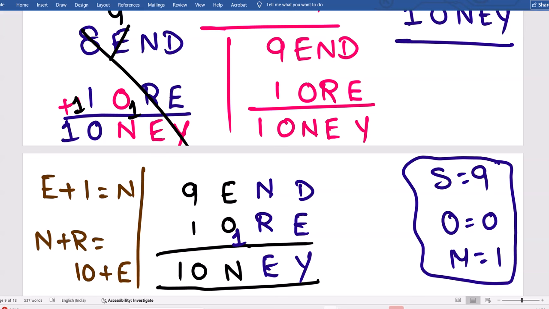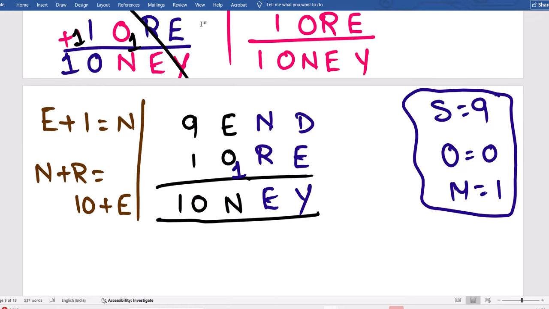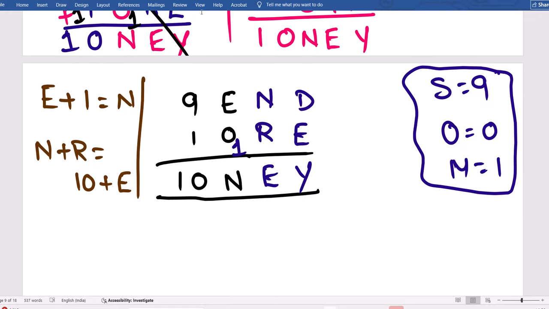So you have to do trial and error for the E value and N value which can be suitable for this. Check what might be possible options for N and E.